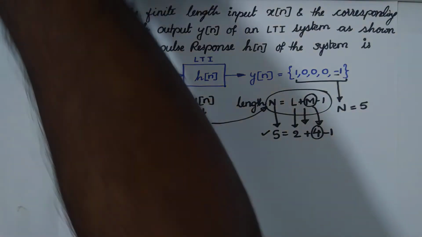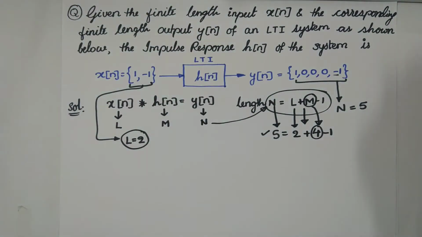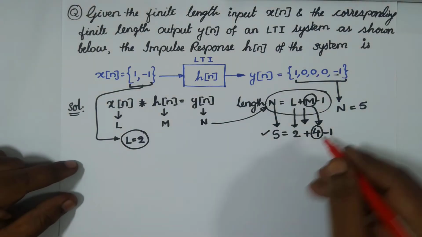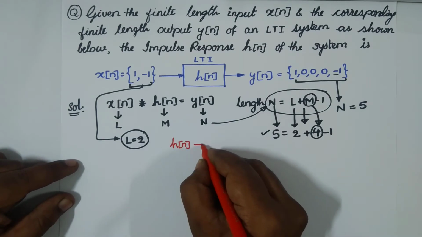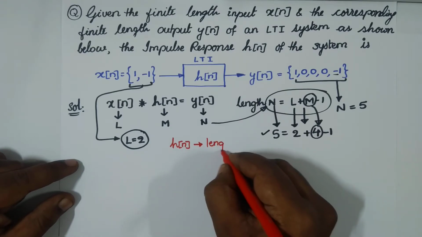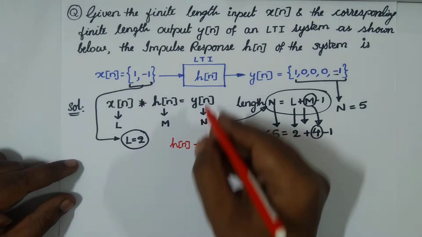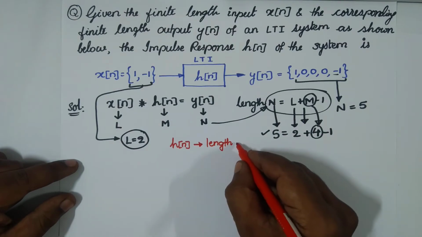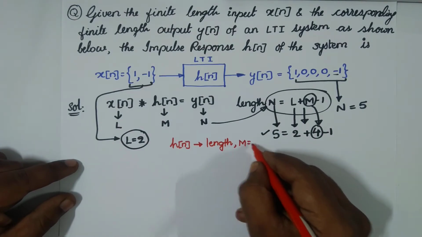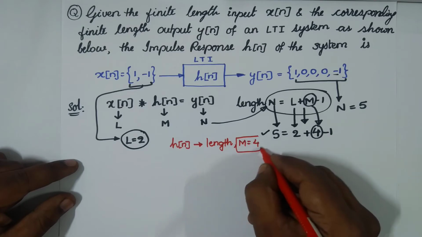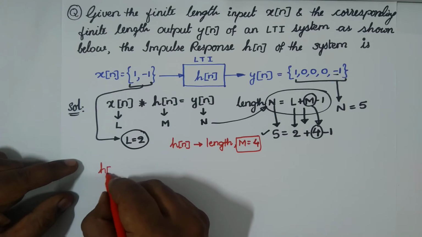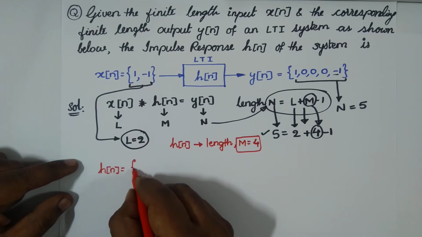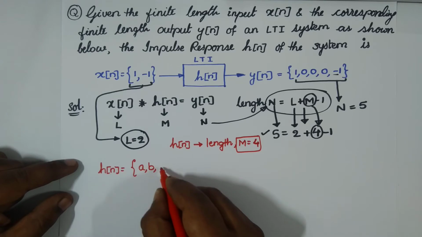First we have to fix this. So once you fix this, let me take my red sketch. So our unit sample response or impulse response h of n of the linear time invariant system, in this problem, has length M equal to 4. Say the h of n sequence has 4 samples whose values are a, b, c, d.